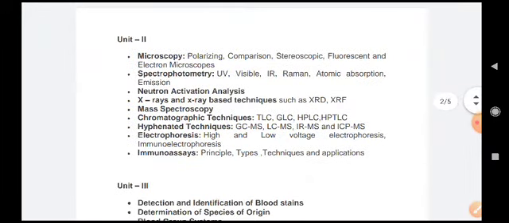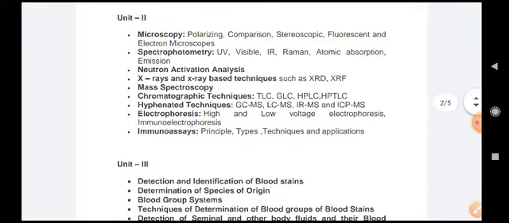Unit 2 is about the various instrumental techniques, like the various types of microscopes, the make and model of the microscopes, and what are the various parts, or what is the mechanism of the microscope is also asked. Spectrophotometry, which has UV, visible, IR, Raman, and atomic absorption emission. Neutron activation analysis, NAA, and various X-ray based techniques like XRD, XRF.